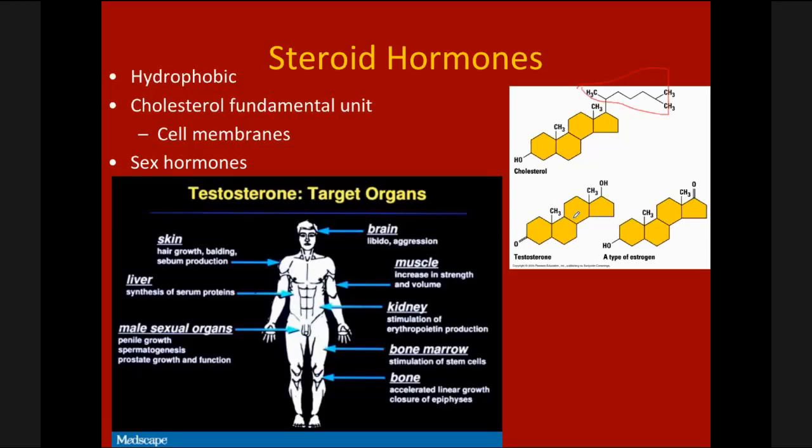It's going to change its shape. It's going to change potentially the reactivity of the molecule. So we can clip off this big functional group up here and then use that cholesterol molecule as the basis to make your sex hormones, right? And within the two types of steroid hormones, notice that the difference is the location of this double bond, in separate corners.